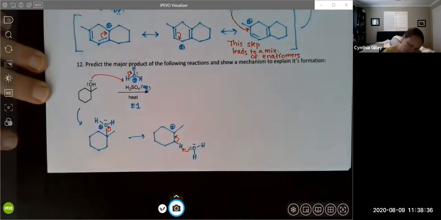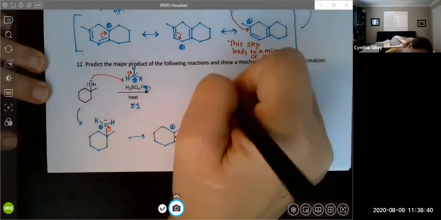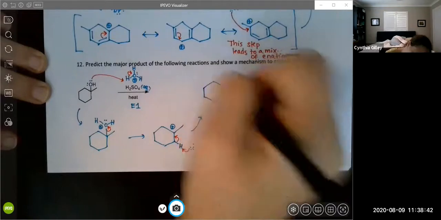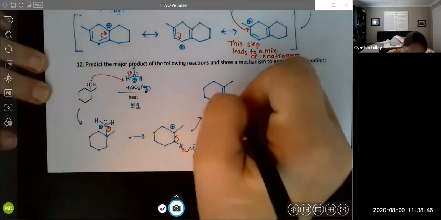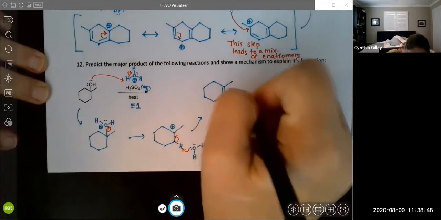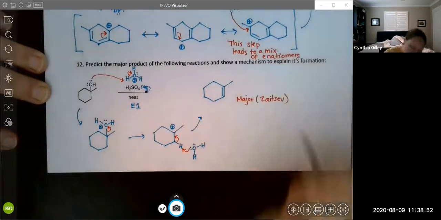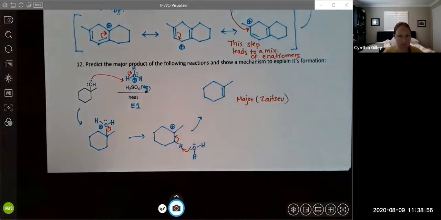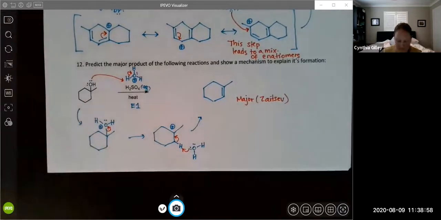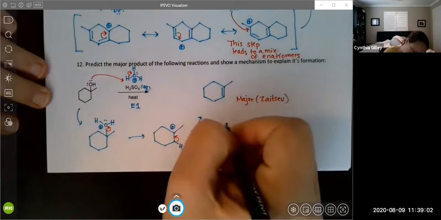Okay, so that will give us the Zaitsev product as the major product. So this is major, and sometimes it's called Zaitsev product. And we also form some H3O plus as a byproduct in this last step.